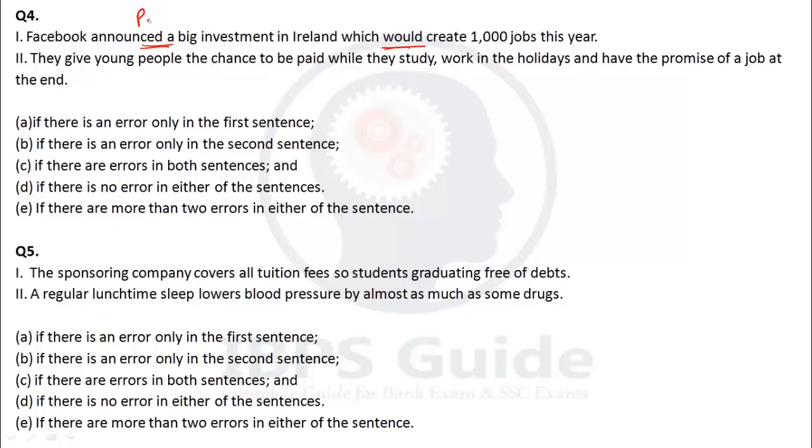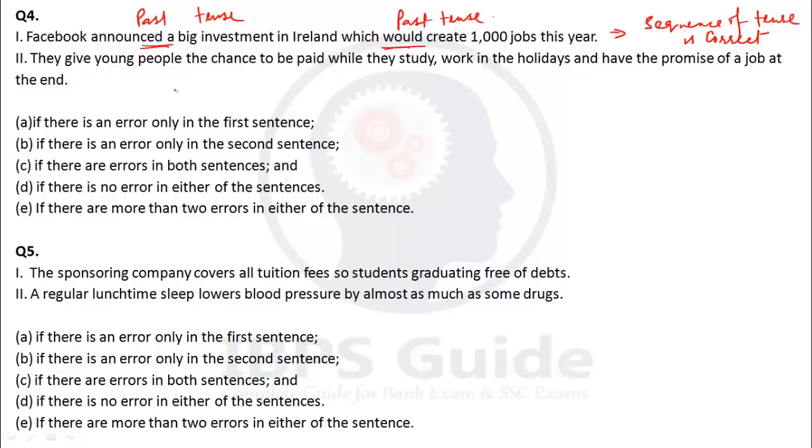The first portion is past tense and the second portion is also past tense, so the sequence of tense is correct here. That's why we can say that the first sentence is right.